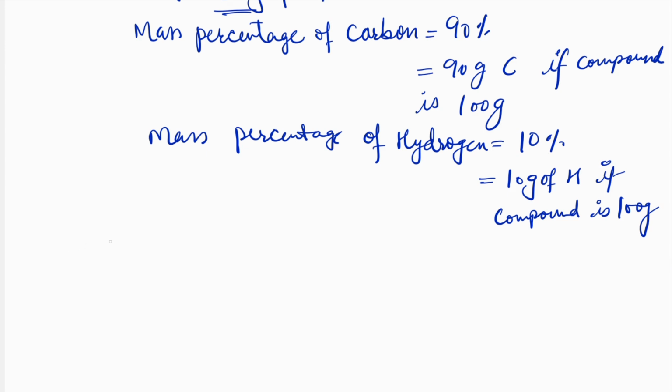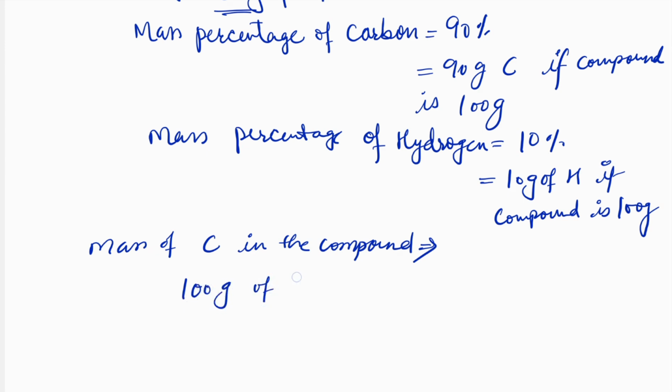First of all, we are going to calculate the mass of carbon in the compound. So we know that if there was 100 gram of X compound, then there was 90 gram of carbon.